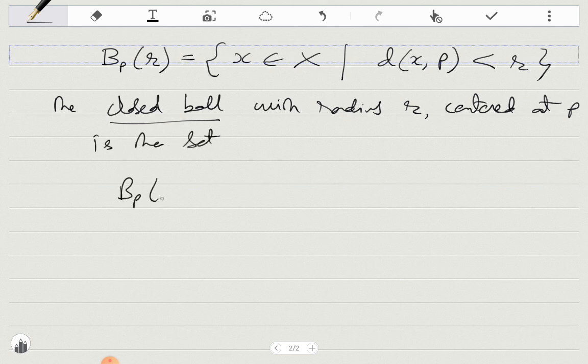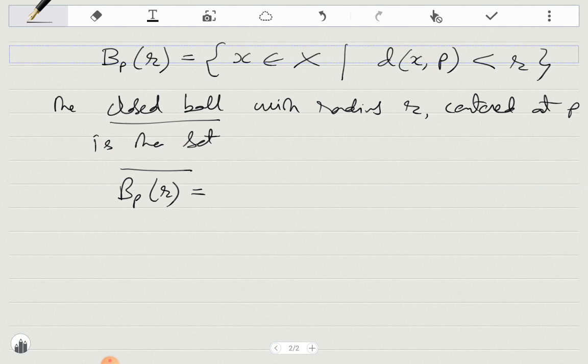Here I'll just use the same notation as for the open ball and put a line on top of that. Right now this is just notation, but we know that putting a line on a set has a specific mathematical meaning, namely we would be taking the closure of the set.